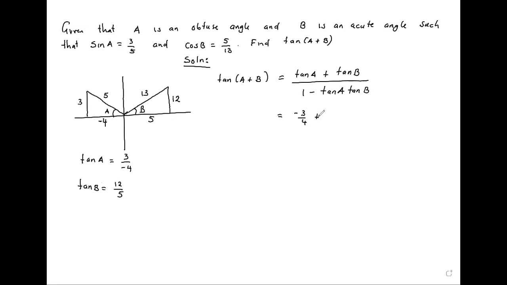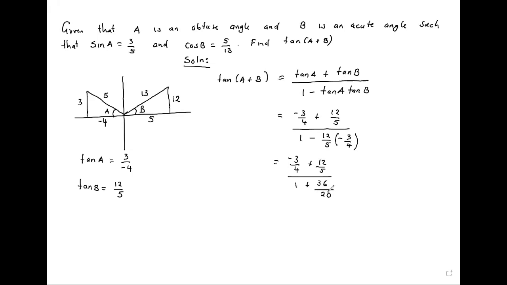-3/4 plus 12/5 over 1 minus 12/5 multiplied by -3/4. So that is just -3/4 plus 12/5 over 1 plus 36 over 20.